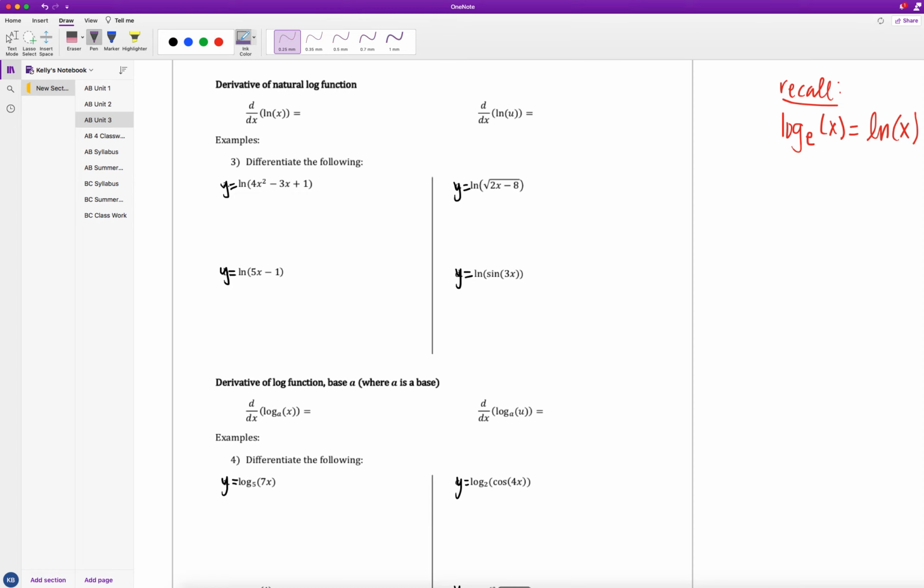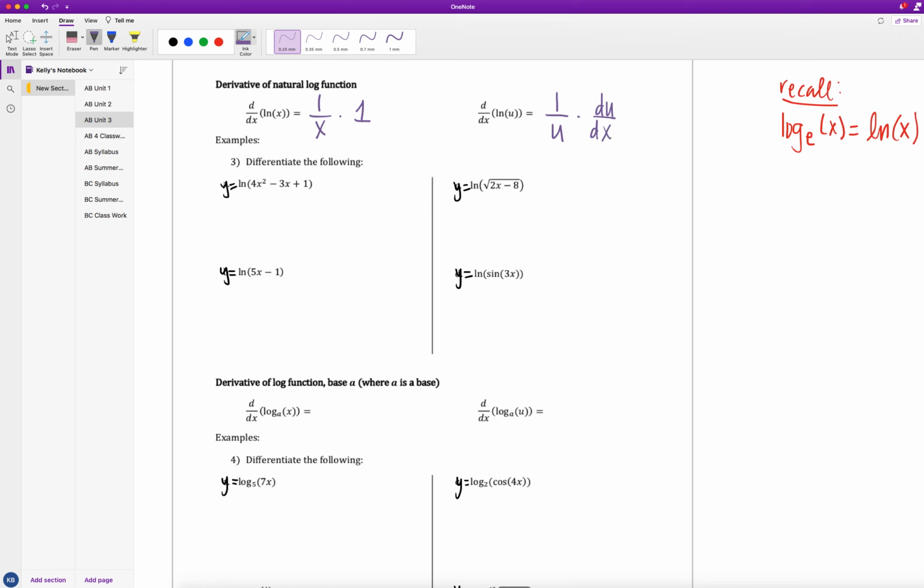So to take our derivative of a natural log, the derivative of the natural log of x is 1 over x times the derivative of the inside function, which would just be 1. If we do that more generalized and we're taking the derivative of the natural log of u with respect to x, our derivative would be 1 over u times the derivative of u with respect to x.